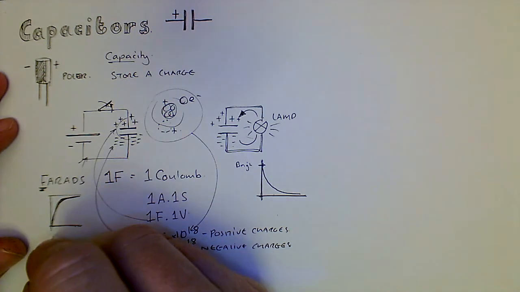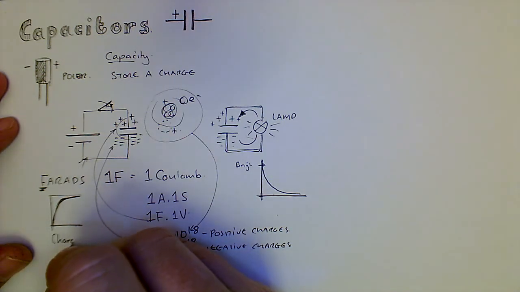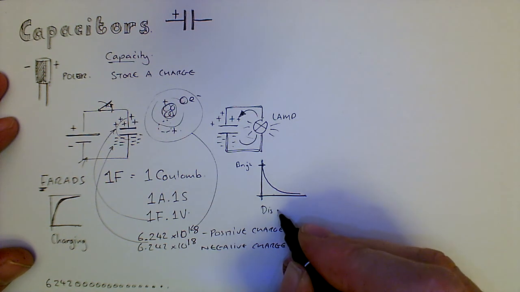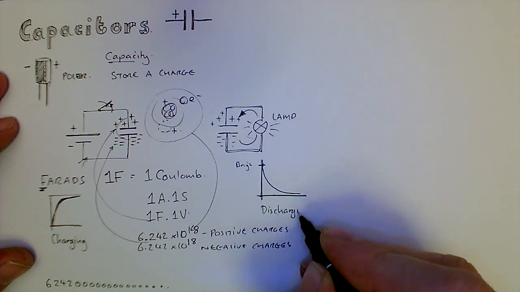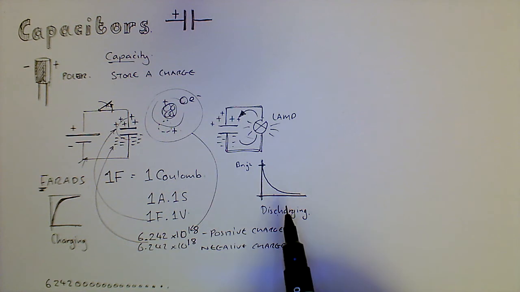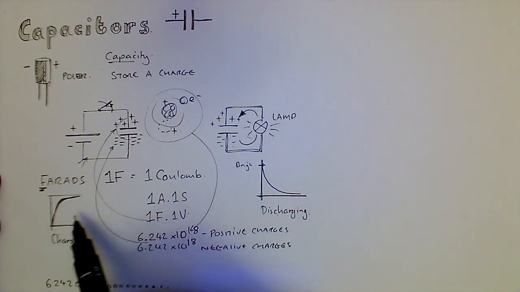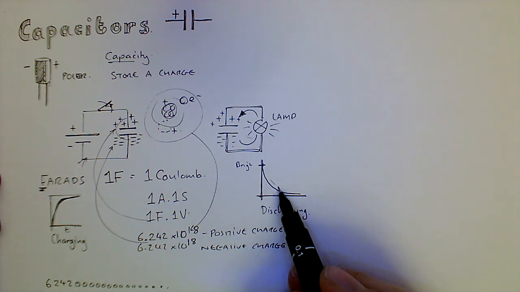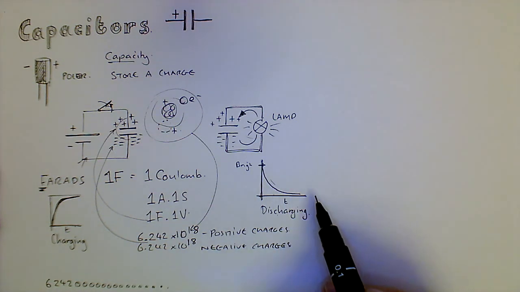And then when you discharge, so if we're right here charging, and here discharging, you can see it would rapidly fill up in time, put T across the bottom there, and then it would rapidly discharge and then fade out.